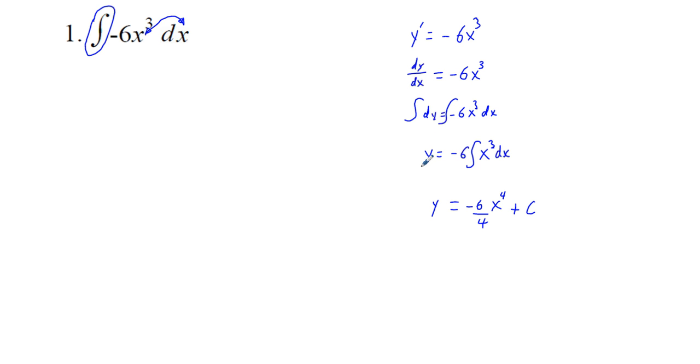And really when we integrated this y on the left side, we had a c at that point too, and then the only thing we can do from here is we could say y equals -3/2 x to the 4th power plus c. So that'll be our answer.